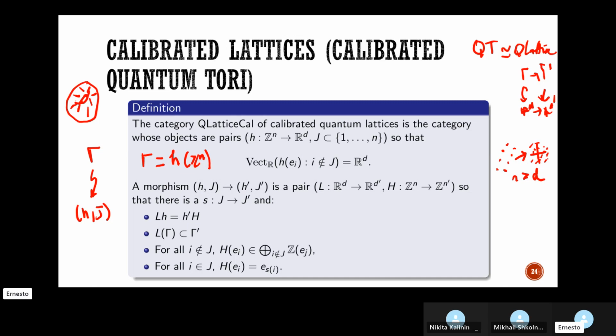For now, it's a definition. A linear mapping on H and a combinatorial marked-point-preserving gadget, so that for i not in J, H of e_i is in the sum over i not in J of Z. And for i in J, I just send the basis to the basis.